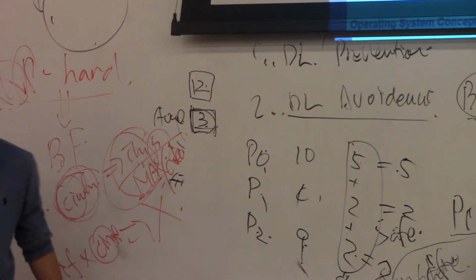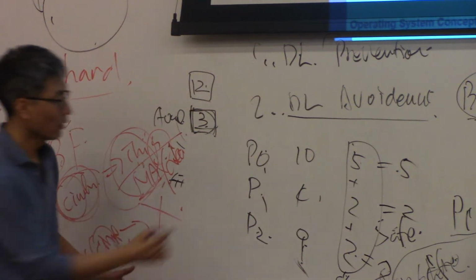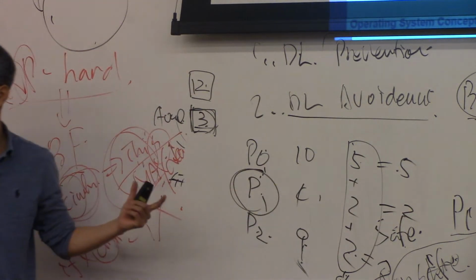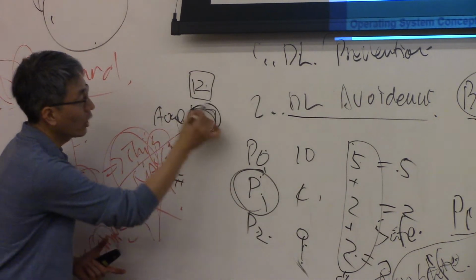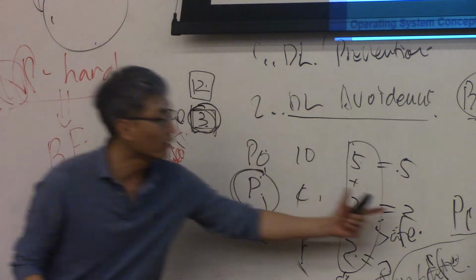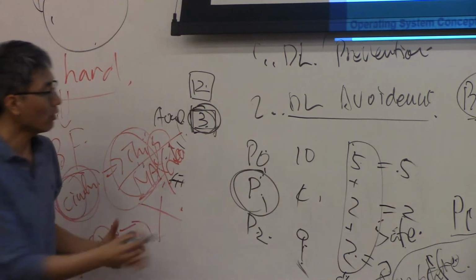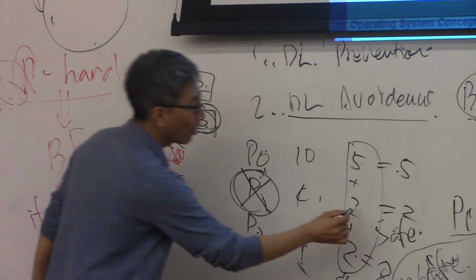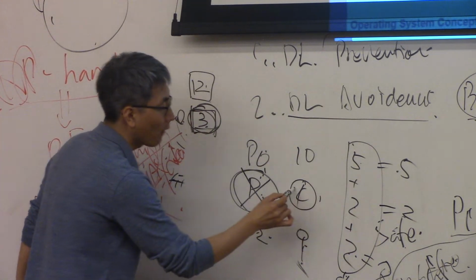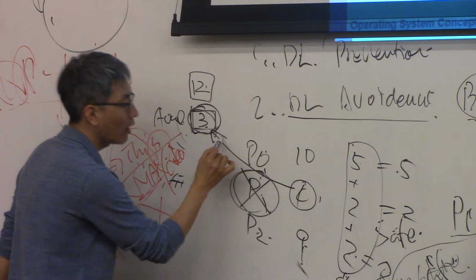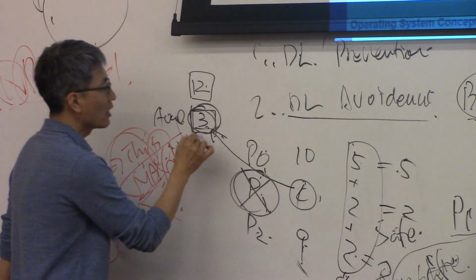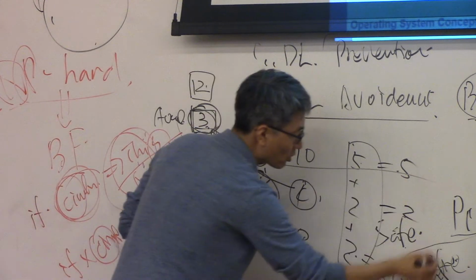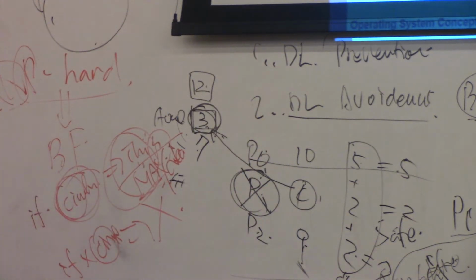Then we can complete P1 first because P1 needs 2 more. We have 3 available, and it needs 2 more, so it will be terminated. Then how many are available? We have 4 more available from P1, so 7 in total. With 7 available, we can complete this one.